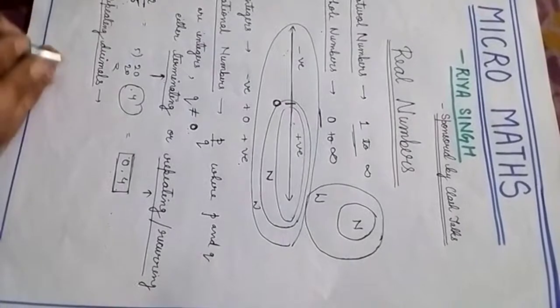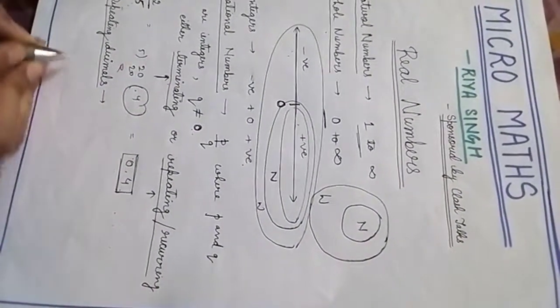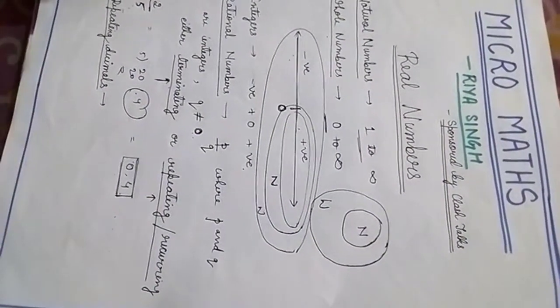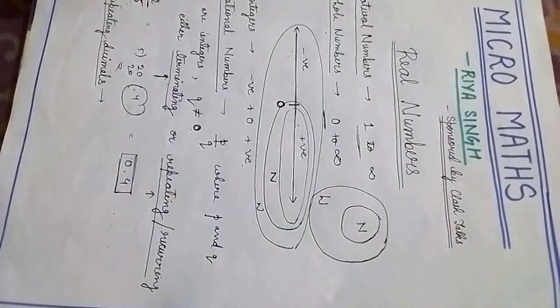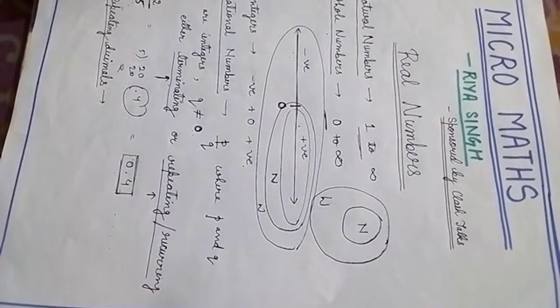Next come the repeating decimals. So what are repeating decimals? A decimal in which a digit or a set of digits repeats periodically is called a repeating or recurring decimal.